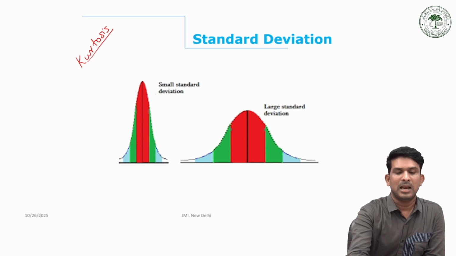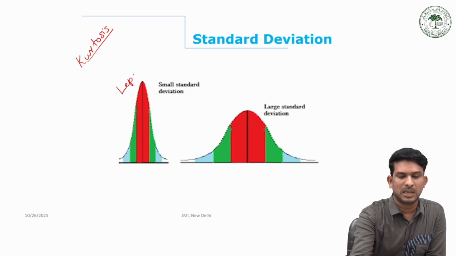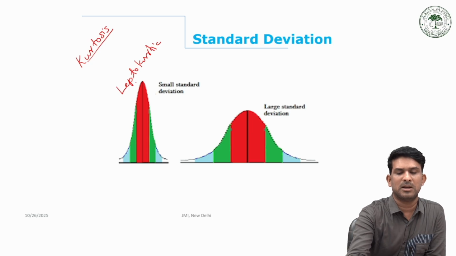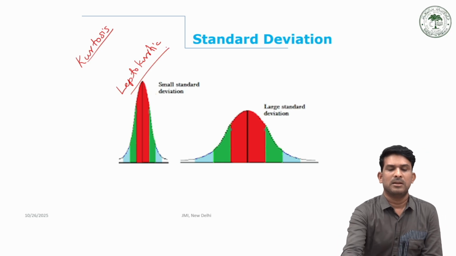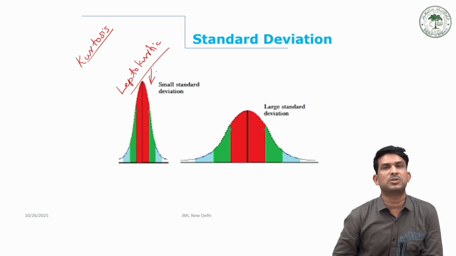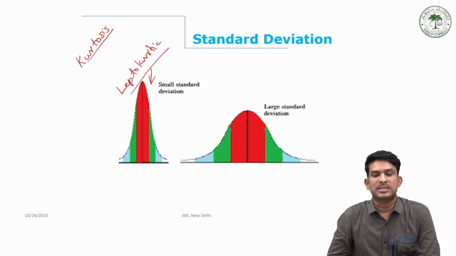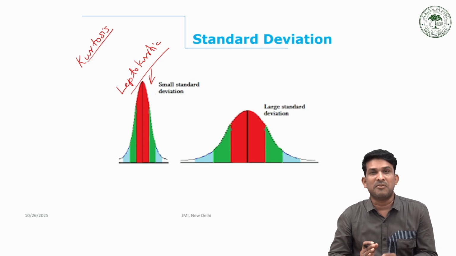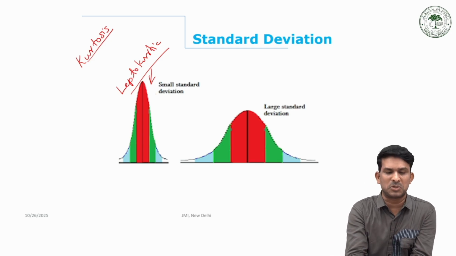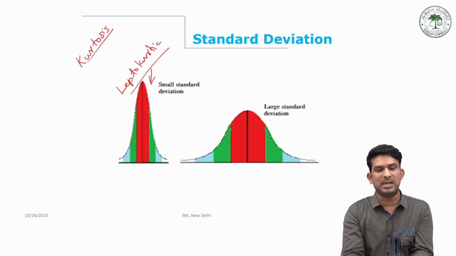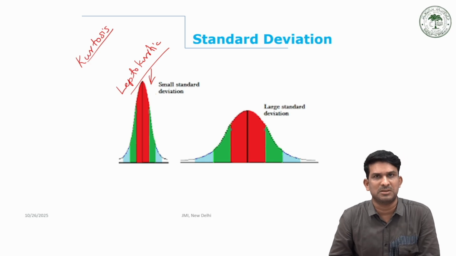It is leptokurtic. If your distribution is leptokurtic, then standard deviation score will be very small because most of the scores are in the same area, same region, central region.